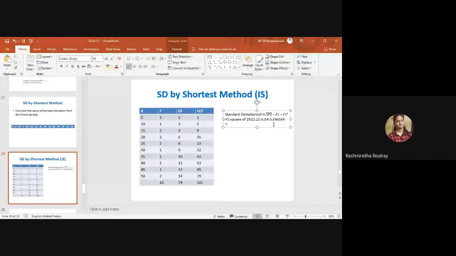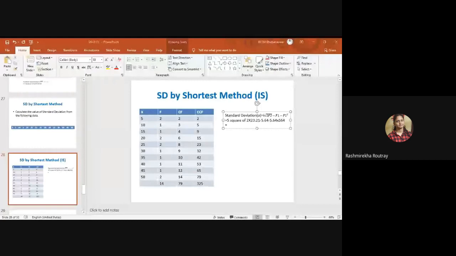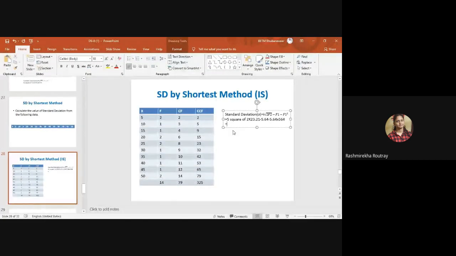So what is the answer for standard deviation? 14.95. You've already multiplied with the I value, na? Yes, sir. Okay, fine.